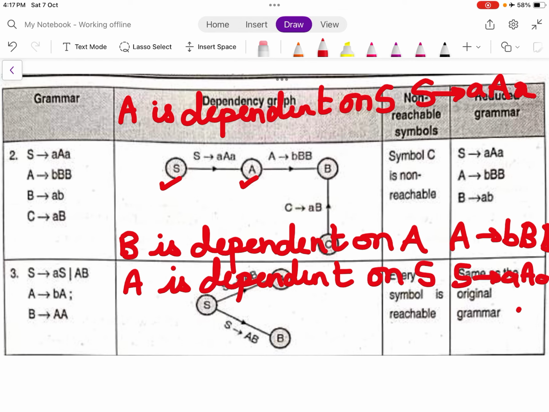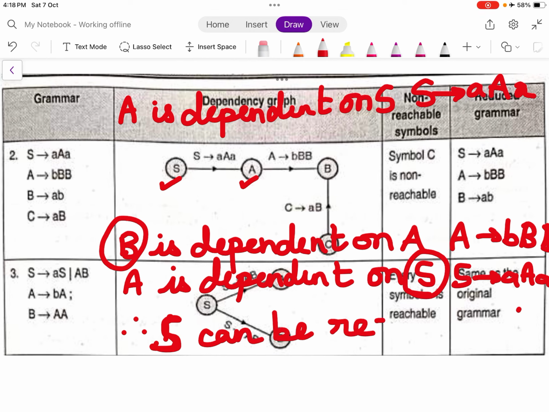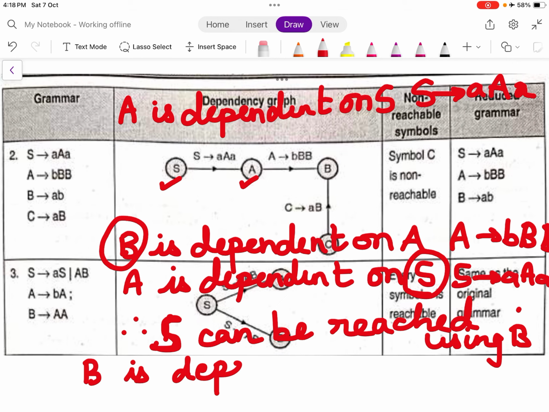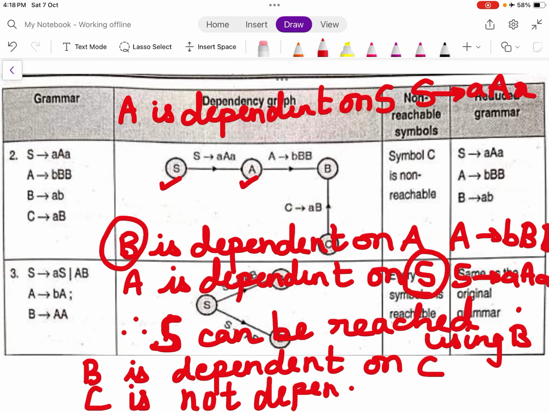With the help of S gives A. Therefore, indirectly we say that you can reach S with the help of B. Next, C is dependent on B, but C is not dependent on S. So we say that you cannot reach S with the help of C. So C is non-reachable.